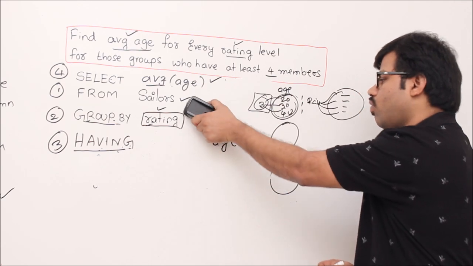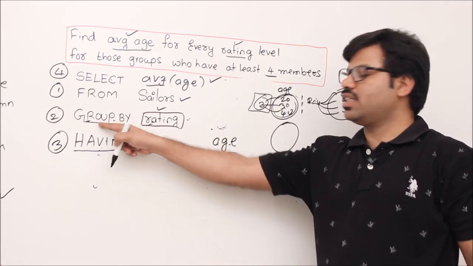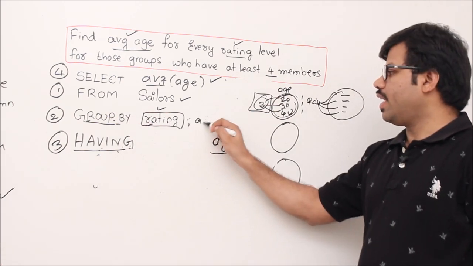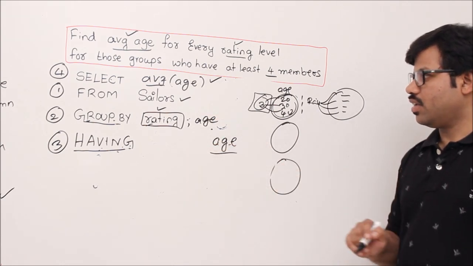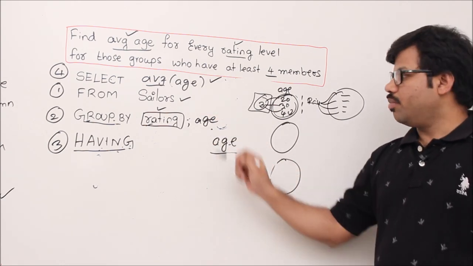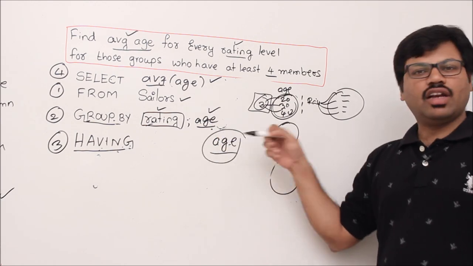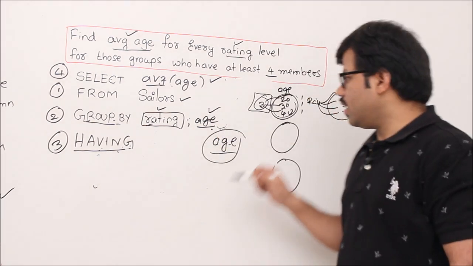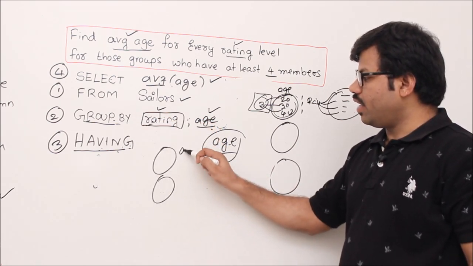Age, of course we can mention, but that age should be one of the fields which is mentioned in group by. Example, if I write age here, if that is the syntax of your query, then that's okay. Because you mentioned age in group by, such age we can use in the having clause. The reason is your table is divided into groups by the age field.